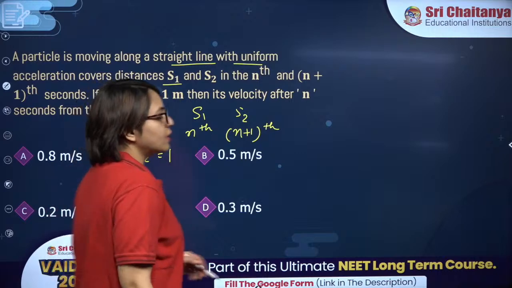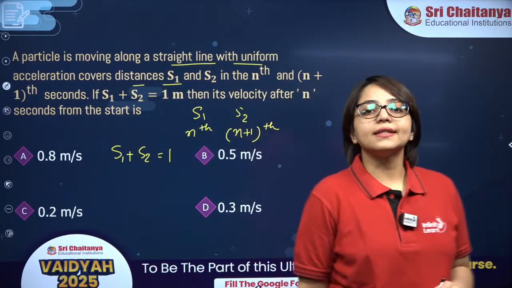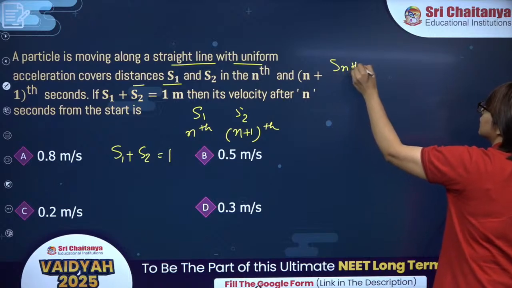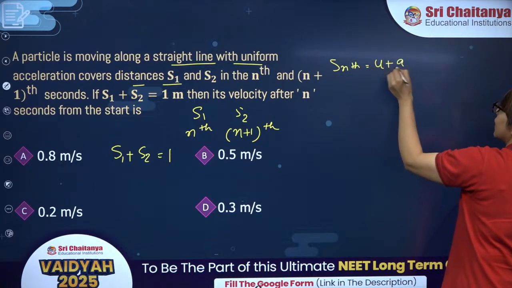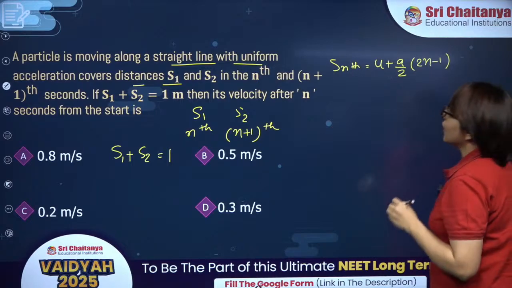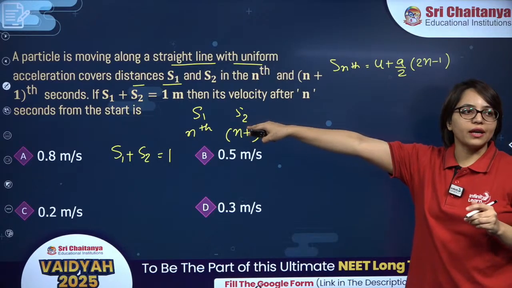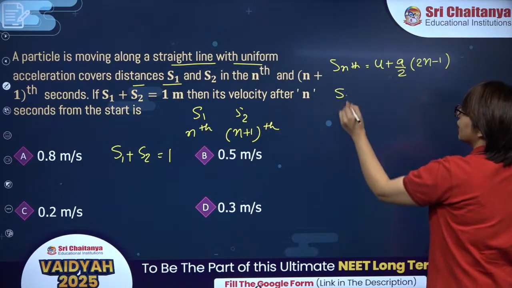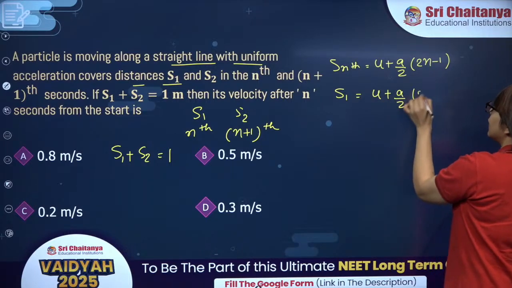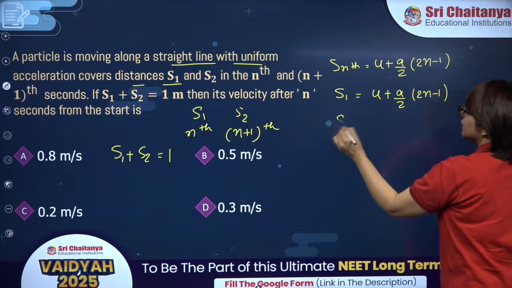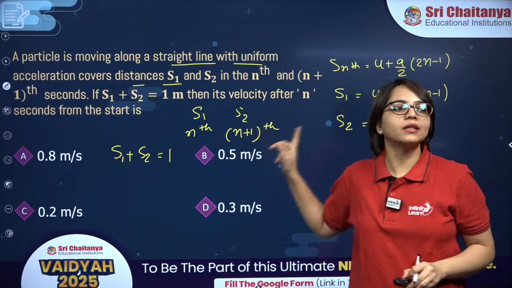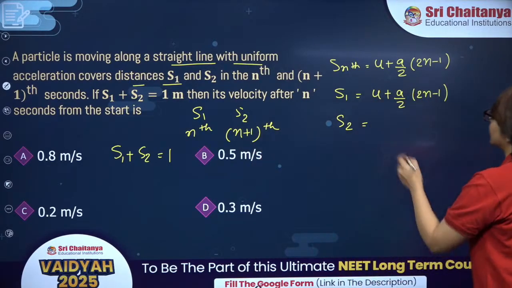Try this one everyone. Apply the concept of SNth. SNth is nothing but u plus a by 2 into 2n minus 1. So S1 is nothing but the distance covered in nth second over here. So it is S1, which is u plus a by 2 into 2n minus 1, and S2 is nothing but the distance covered in n plus 1th second.